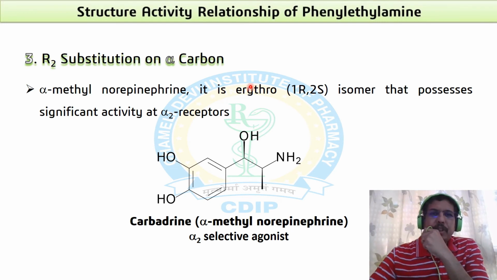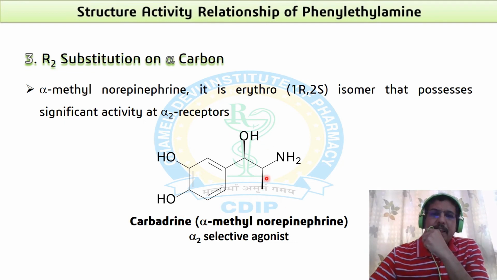Then the substitutions which occur on the R2 position, in the form of a small methyl group, again generate chirality. In alpha methyl norepinephrine, the erythro form, that is the 1R,2S isomer, possesses significant activity at the alpha 2 receptor, or it is an alpha 2 selective agonist.